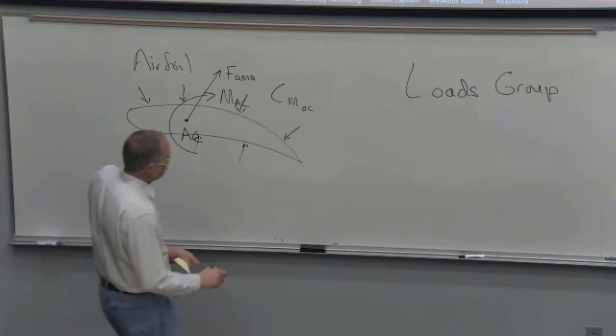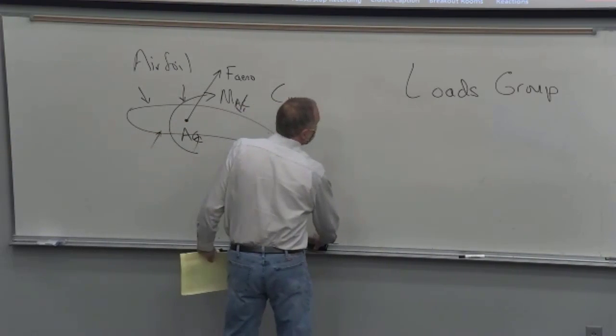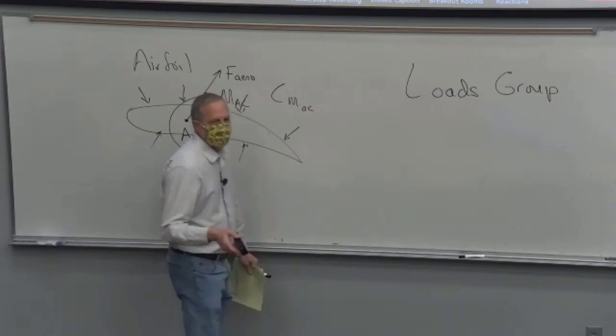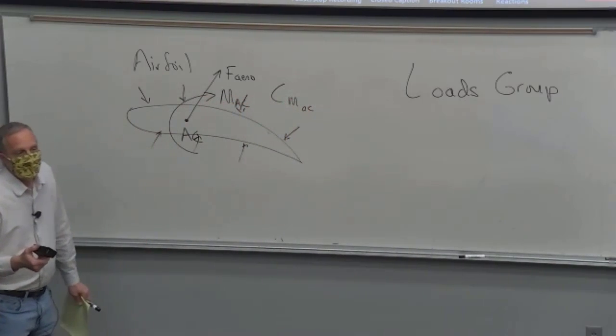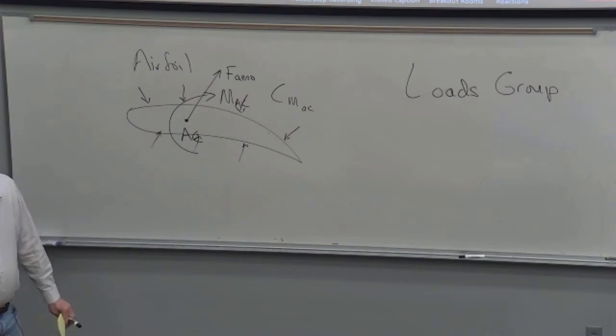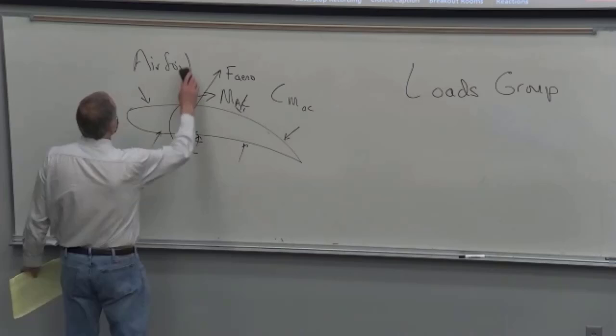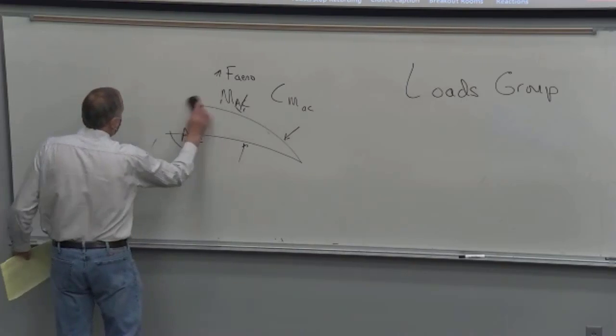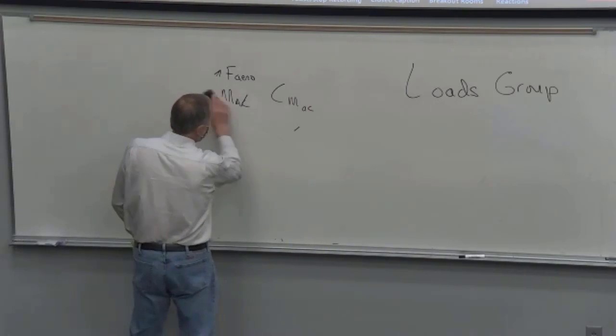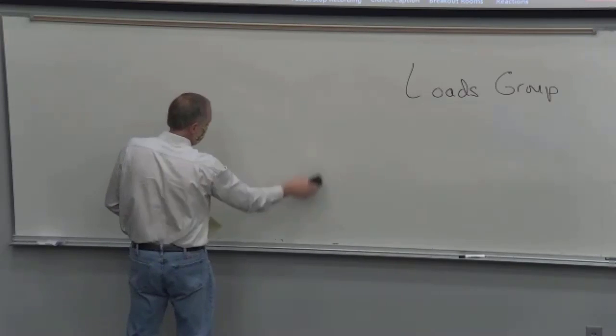So there's a loads group that figures this out for the wing design, where the forces act on the wing, how much they are. There's a huge load at the wingtip. They've got to design the wing box to handle that. We're interested in what forces are applied so that we can calculate the dynamics. We'll use Newton's law. Some of the forces is mass times acceleration.